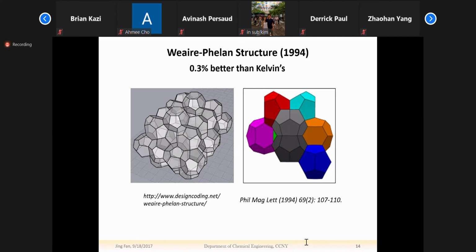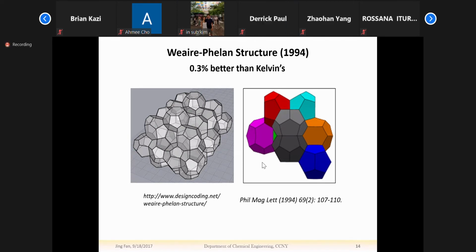So those foams and emulsions should automatically have the structure with the minimum surface area, which is a perfect model experimental system to study this problem. However, in real foams or emulsions, people just couldn't observe the Weaire-Phelan structure, although we have observed the Kelvin structure a lot. So what is the reason?